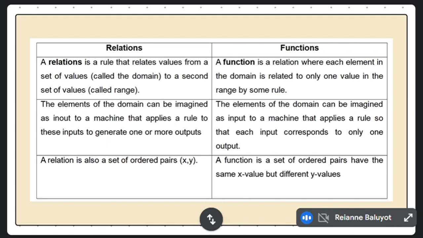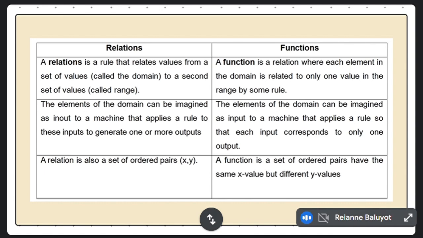Next, for relations, the elements of the domain can be imagined as input to a machine that applies a rule to these inputs to generate one or more outputs, while for a function, the elements of the domain can be imagined as input to a machine that applies a rule so that each input corresponds to only one output.